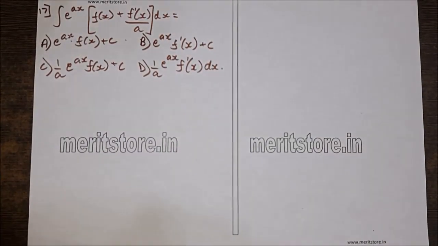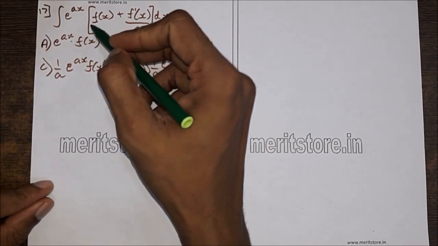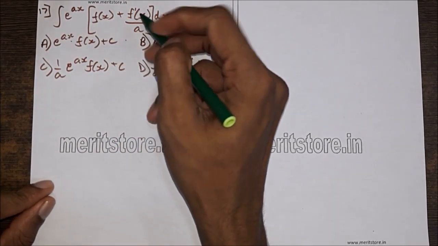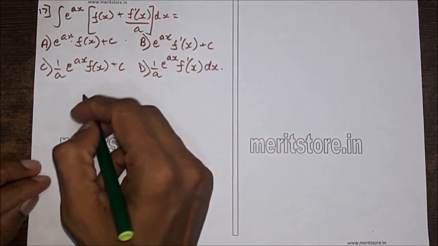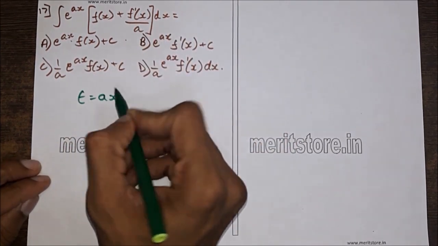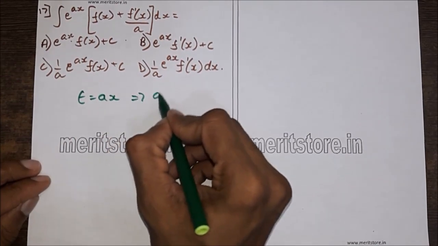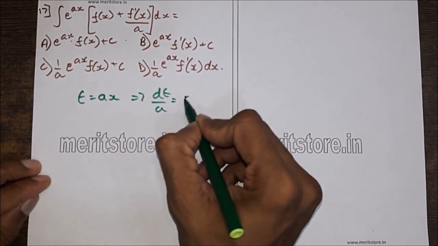Question 17. Integral e raised to ax bracket f(x) plus f dash x upon a bracket dx is equal to, we are given 4 options. We put t is equal to ax, differentiating both the sides, we get dt upon a equal to dx.